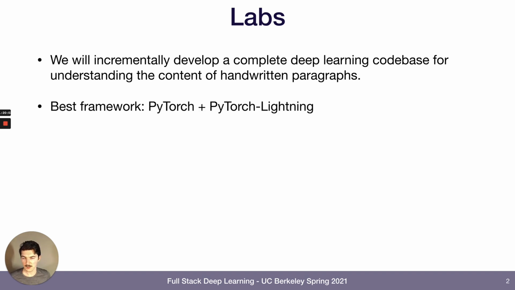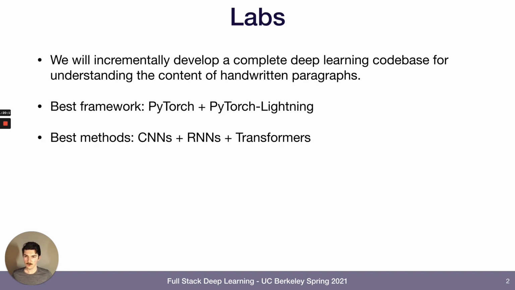We're going to be using the currently best framework, which is PyTorch, and PyTorch Lightning, a training harness around PyTorch, which implements a lot of nice stuff and is in active development. We're going to use the best methods, which are CNNs, RNNs, and transformers.